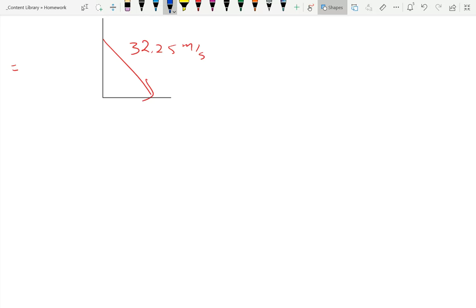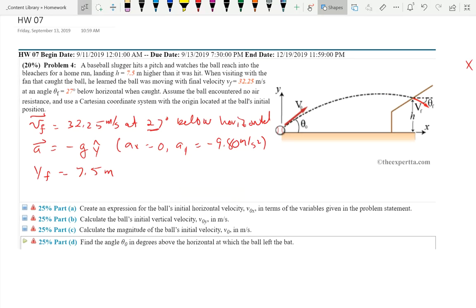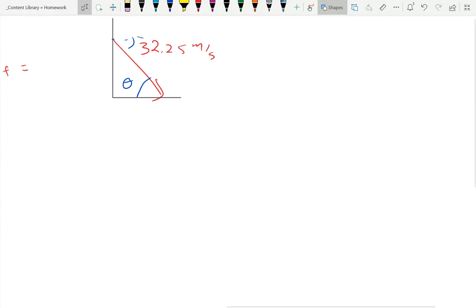Okay, I heard inside and outside, and I'm not sure what those mean, so I'm just going to draw it in the right place. From the horizontal, right, that's what the words give you. So there's my angle theta, which is 27 degrees.